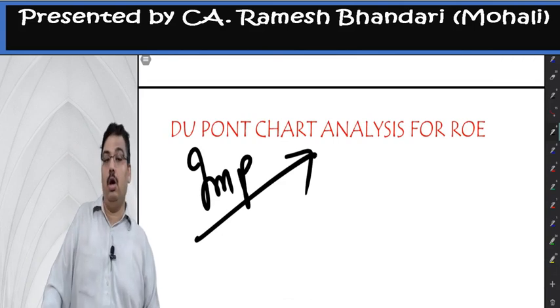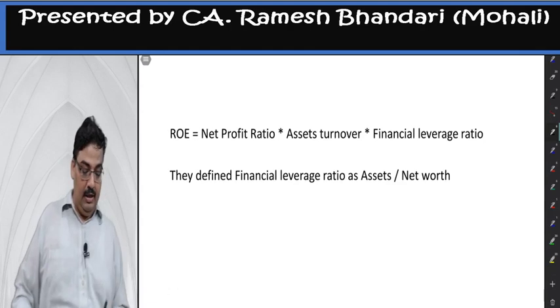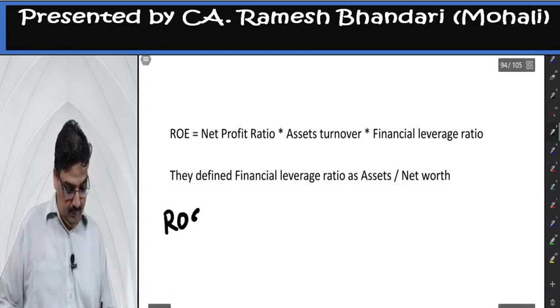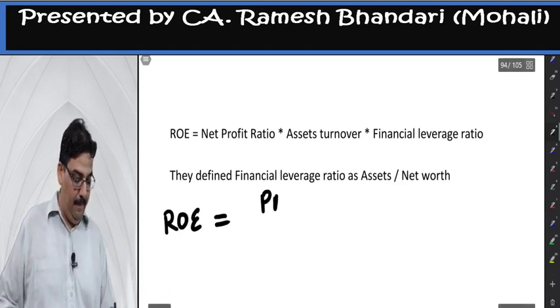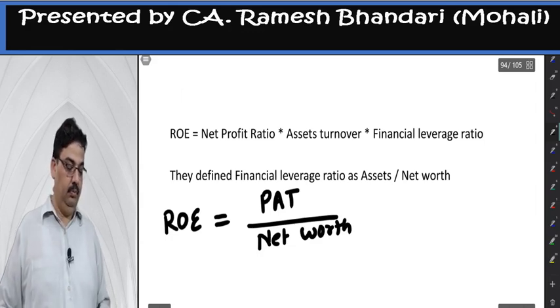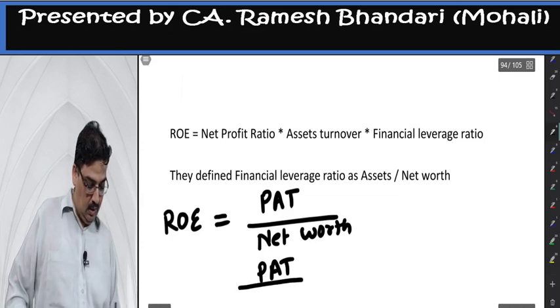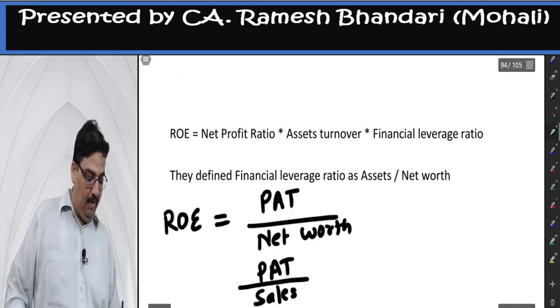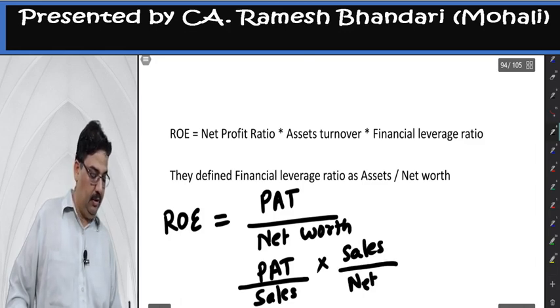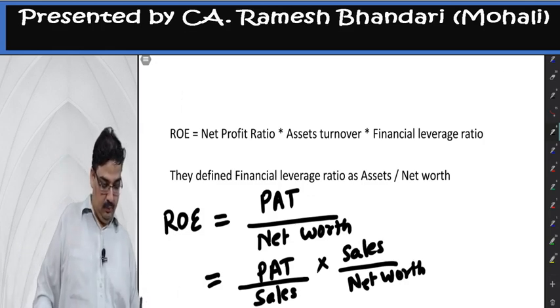DuPont chart analysis for return on equity. Now what is return on equity? PAT divided by net worth. They said we can write it like PAT divided by sales into sales divided by net worth. We can write it like this.